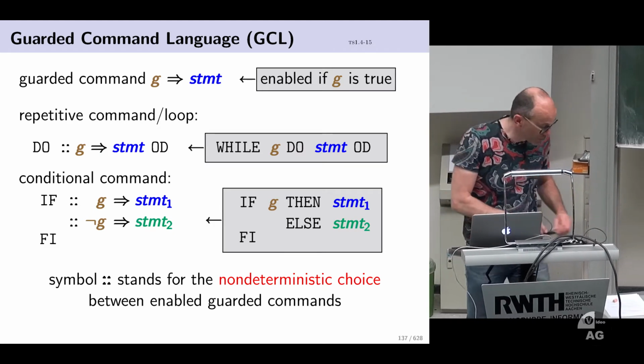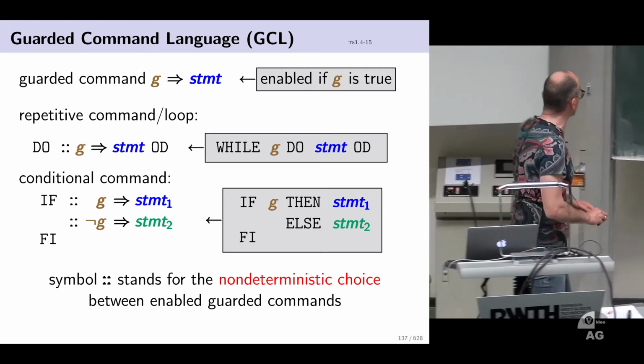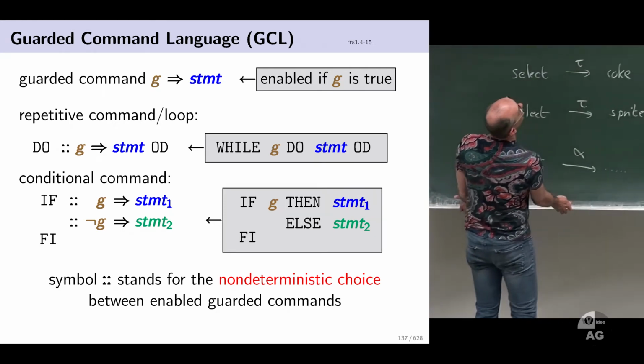So in particular, what you can write down in Dijkstra's notation is something like this.